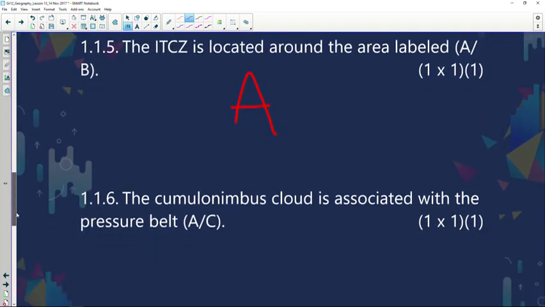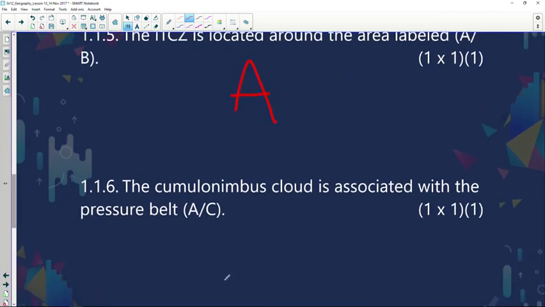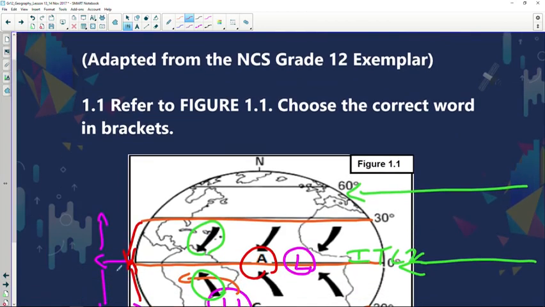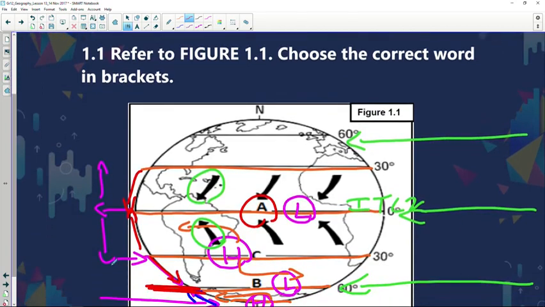The cumulonimbus clouds associated with pressure belt, definitely A. Why cumulonimbus clouds? What happens at A? If you quickly look over here, at this convergence, rising air takes place. Now it's warm air, so cumulonimbus clouds are going to form over the equatorial regions. Definitely not at C, because what do we experience at C?